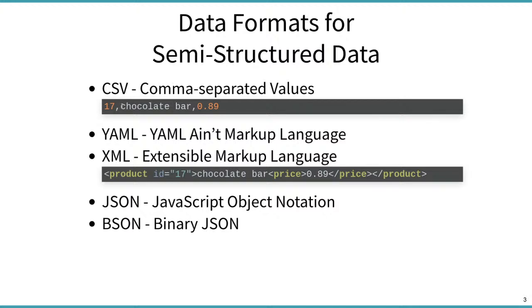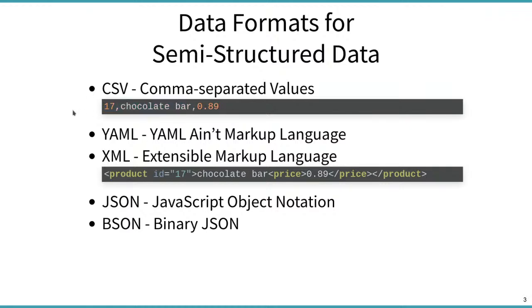CSV means comma-separated values, so you separate values by commas, and then in each line of that file you write one data item. So this is a data item, a product. The product has a product number 17, it is called chocolate bar and costs 89 cents. And in the next row you have the next product.